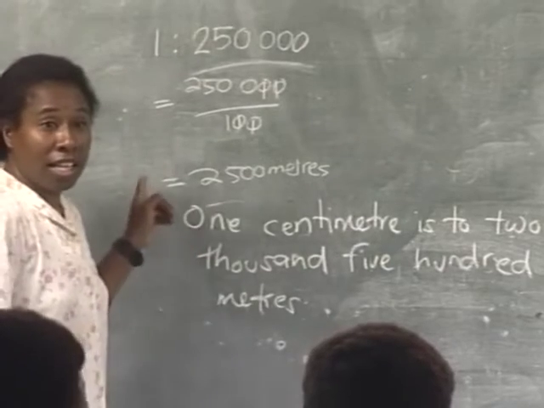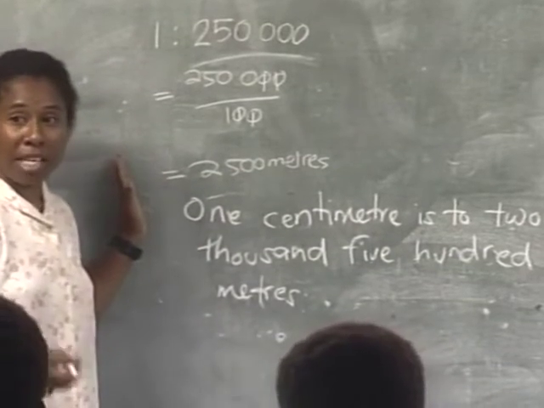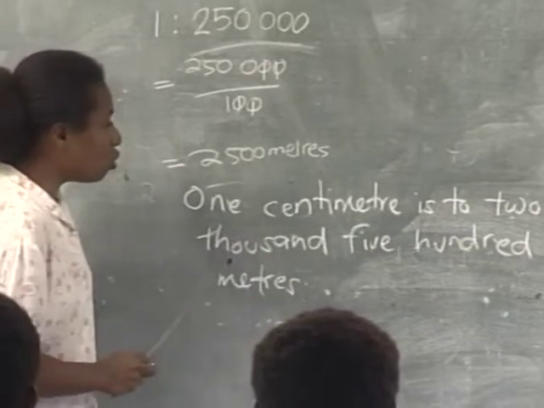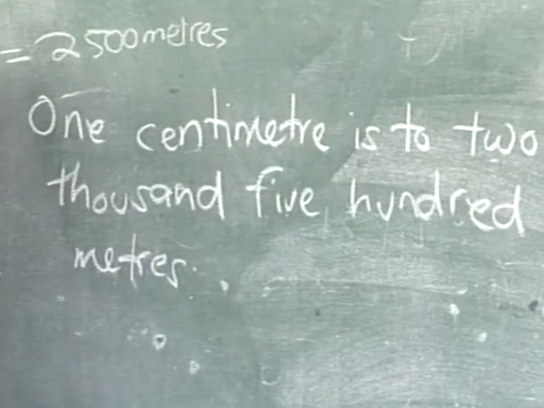Okay, we check. In statement form, Dorothy is supposed to say 1 centimeter is 2,500 meters.